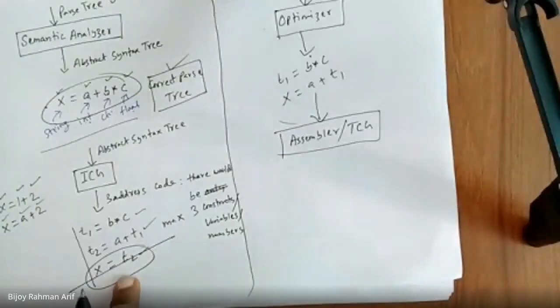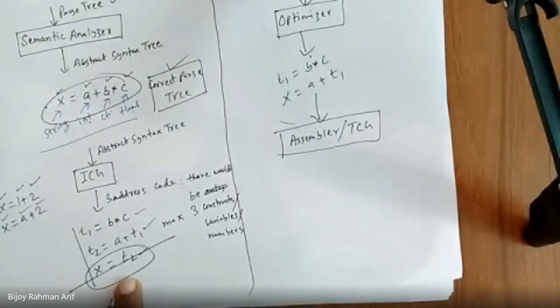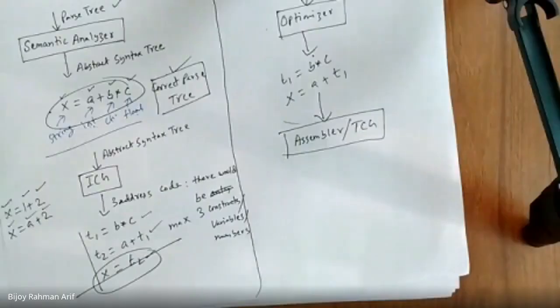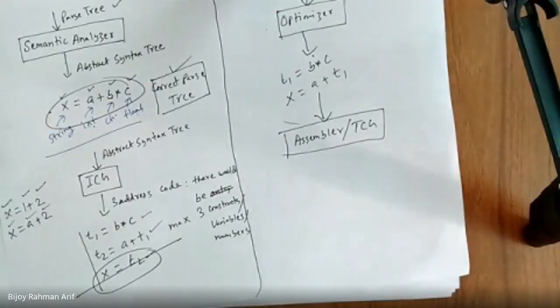Sir, what is the optimizer outputting? It reduces the expressions if it can. Not the three address code itself, it reduces the expressions in the three address code. So if we have 5 expressions, we are reducing it to 3, if we can. But we have to maintain the three address code.